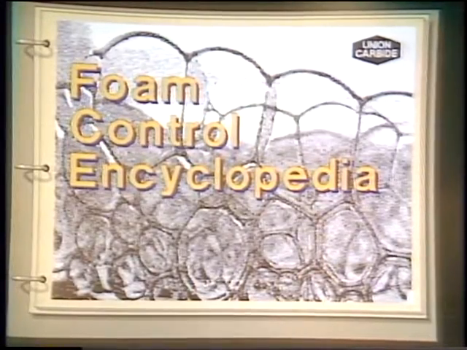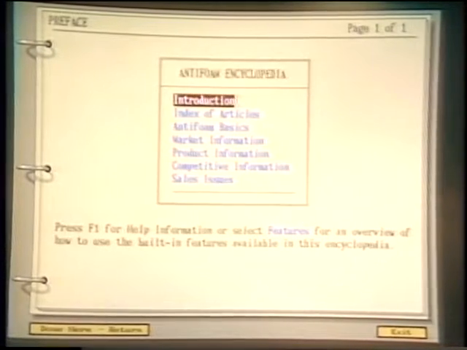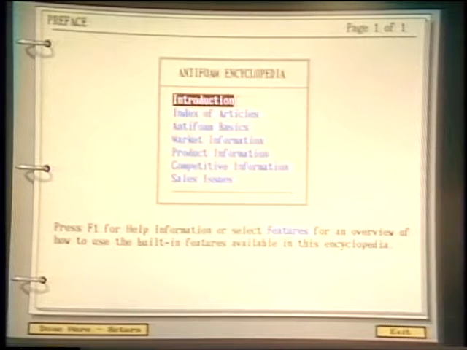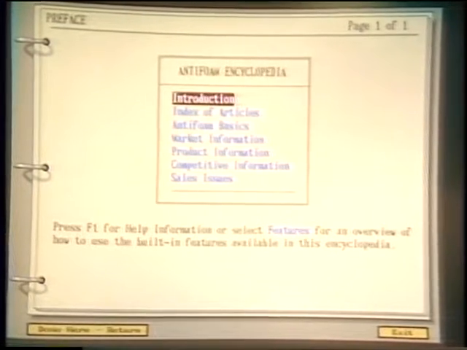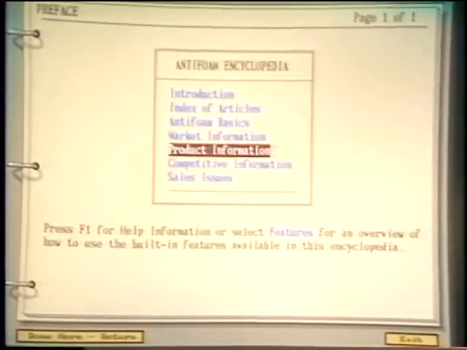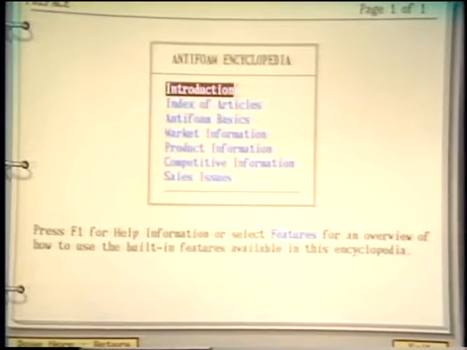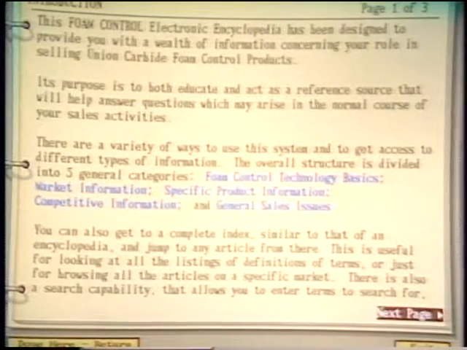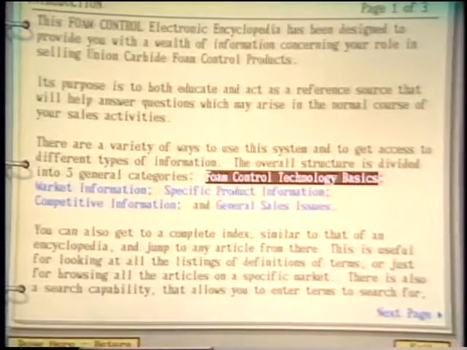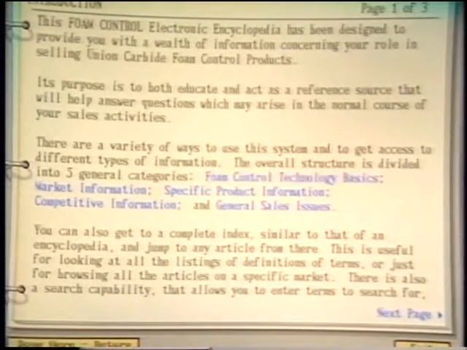This is the cover. I can open the cover, and it takes me to a preface. And the look and feel, by the way, is totally under the control of the author. The design department of Cognetics picked this up. All I have to do to get around it is to move this bar, which I can do with a mouse, a touch screen, or the keyboard, and I can go to an article. Anything in blue is a link to additional information.